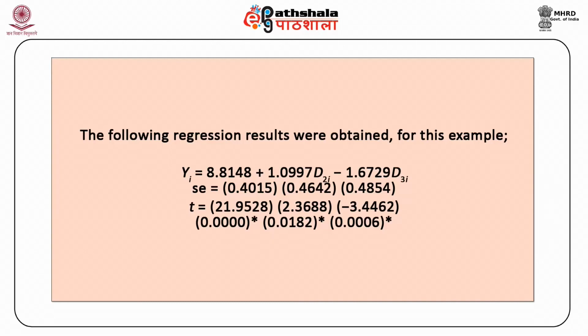The results clearly show that about $8.81 is the mean hourly wage in this benchmark, that is, unmarried non-South residents. The average hourly wage of those who are married is higher by about $1.10, for an actual average wage of $9.91, that is, 8.81 plus 1.10, as compared to the base category.